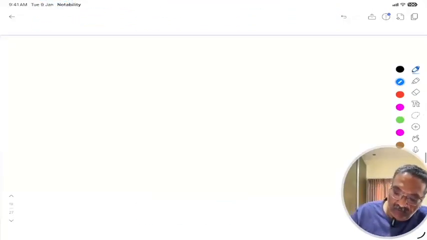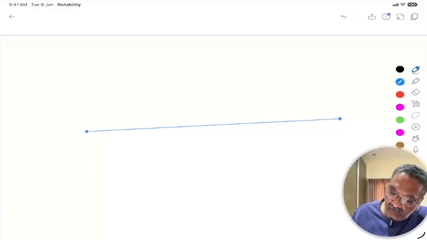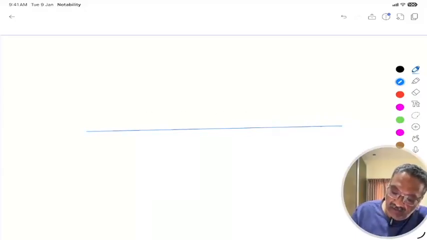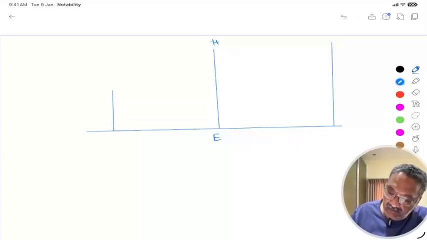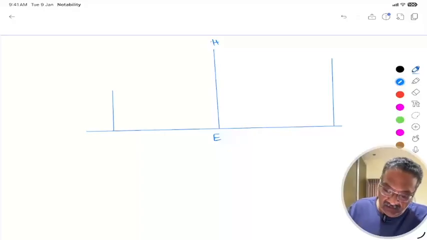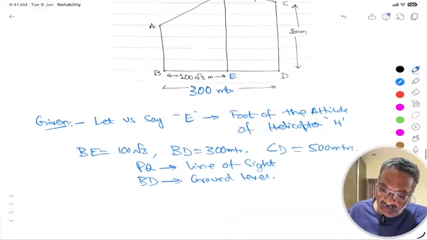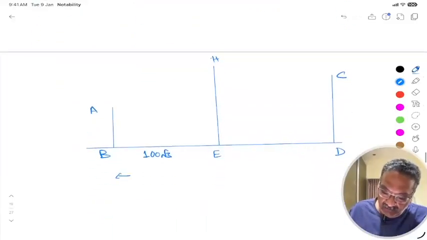Let us draw the drawing once again. So we have ground level. We have H, the helicopter, here. This is the altitude, this is E. We have one smaller tower and one bigger tower, AB and CD. BE is given to be 100 root 3, and BD is given to be 300 meters.